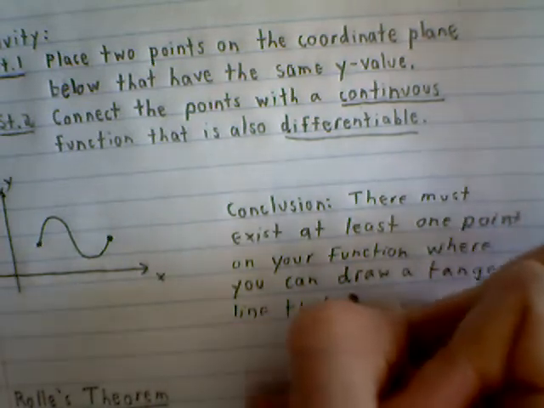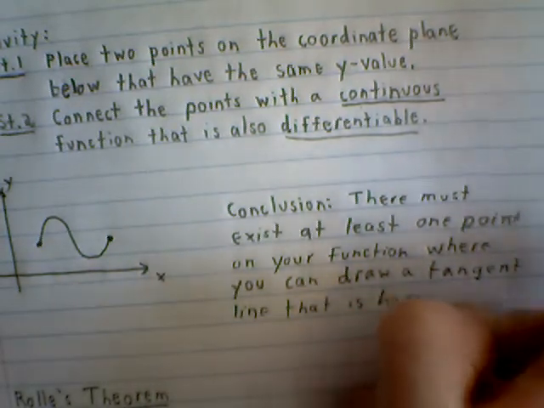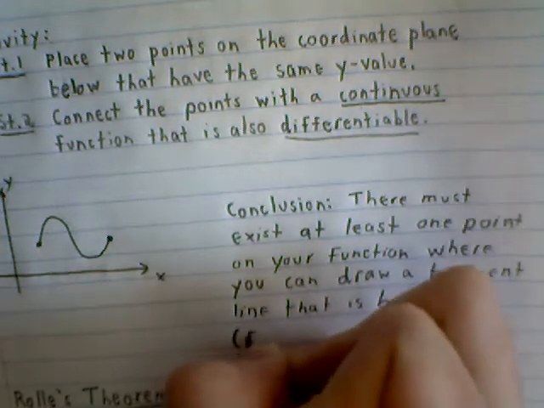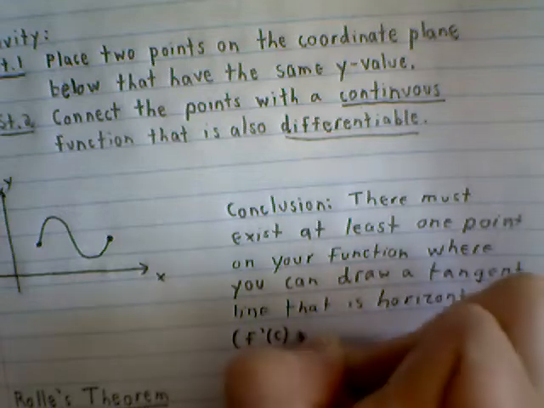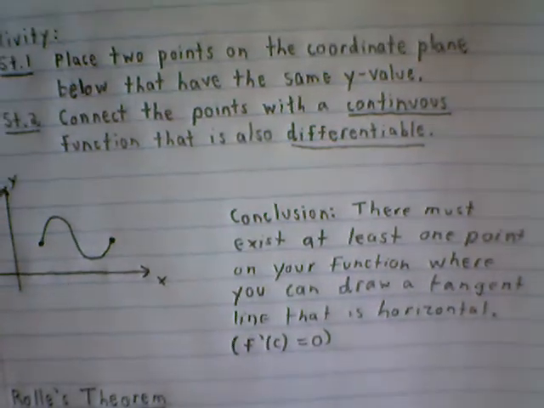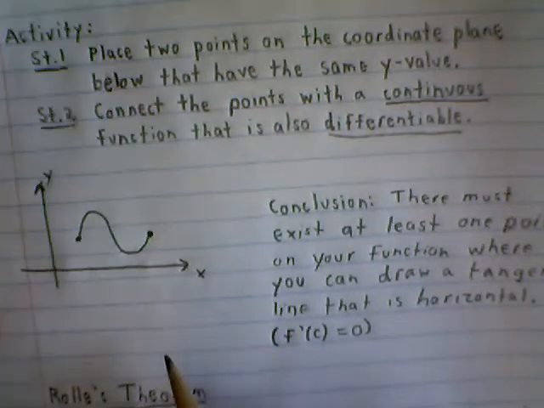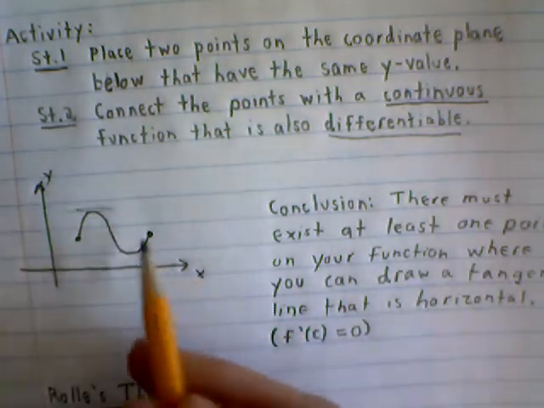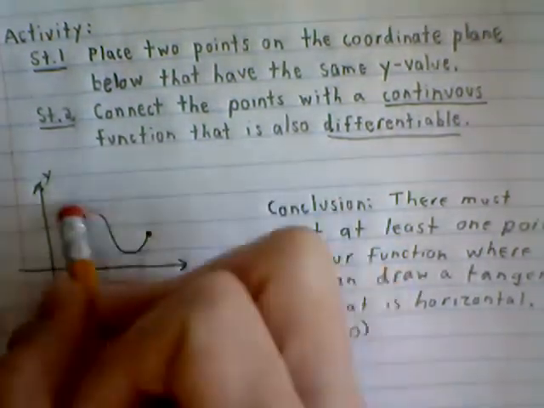Or what that means is where the derivative equals 0. So check that on your function. The way I drew mine, it happened to be that I had two. I had one right here and one right here. Just check it on yours and see if you got the same thing on yours.